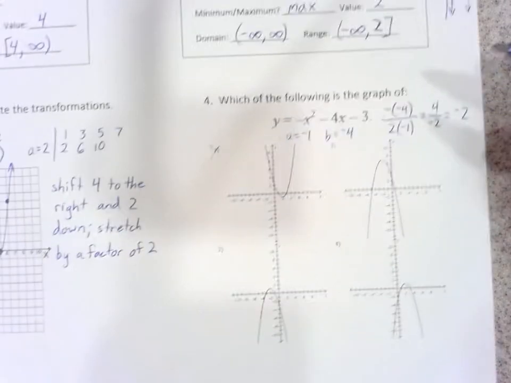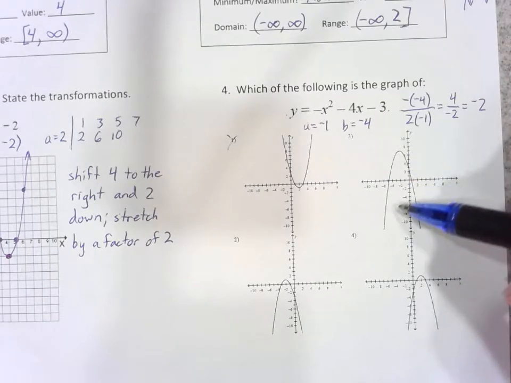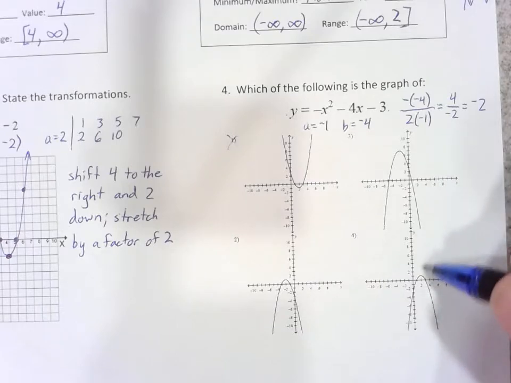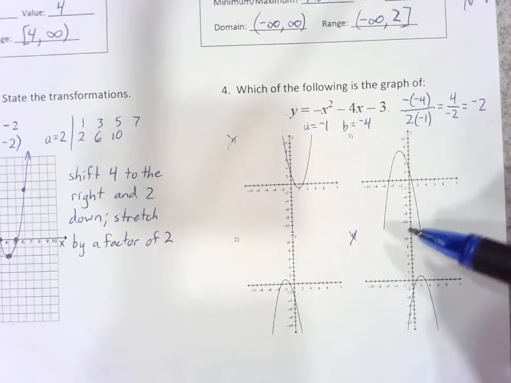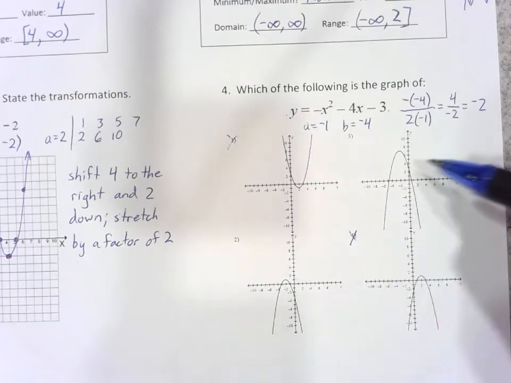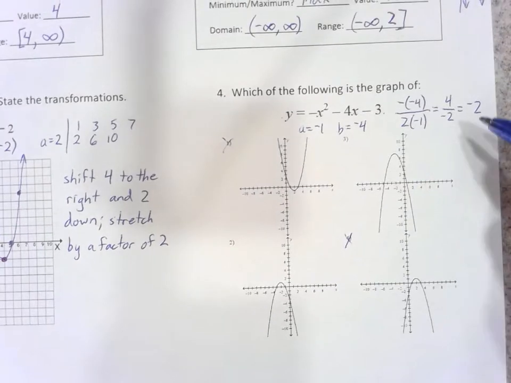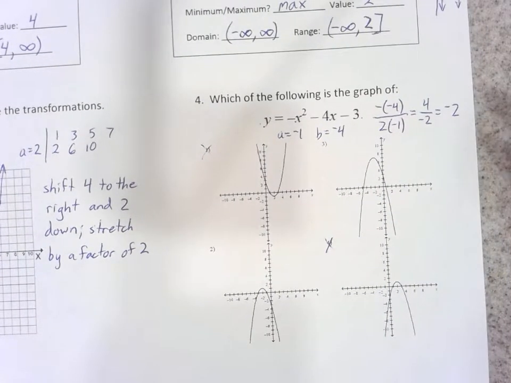So the axis of symmetry goes through the vertex. Graphs 2 and 3 have that, graph 4 does not. So I'm down to 2 and 3. I see the main difference looks like how high the y value is, the maximum value. So now I want to take that negative 2 and put it back into the equation to find the y value at that point.